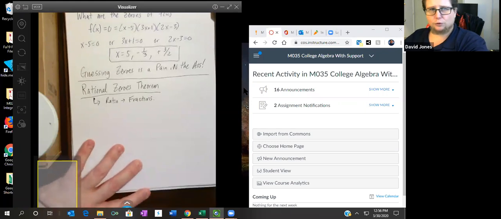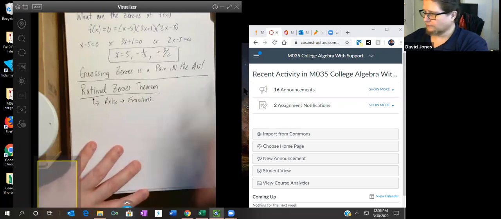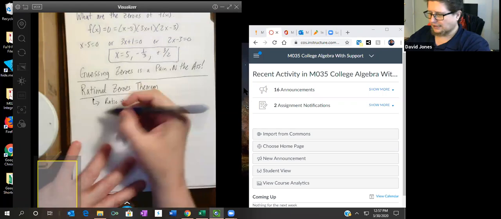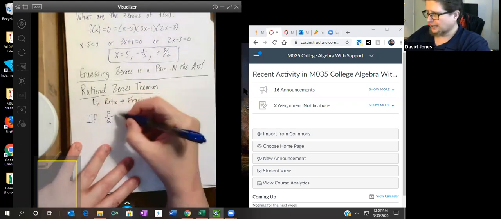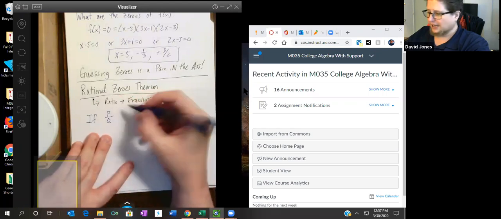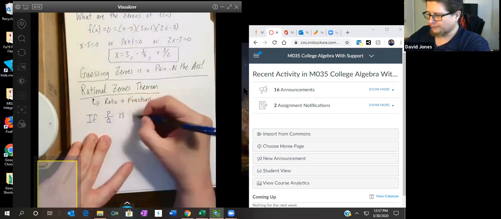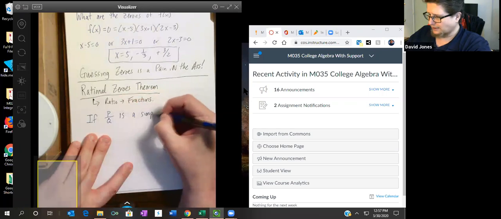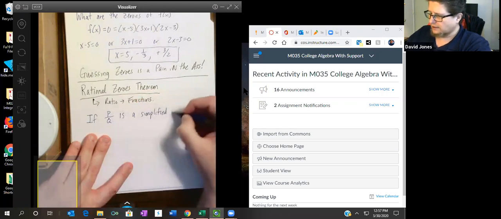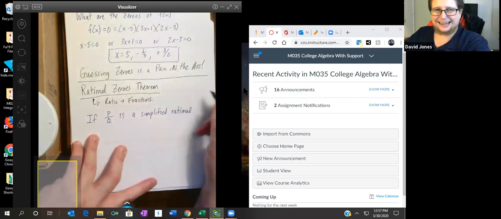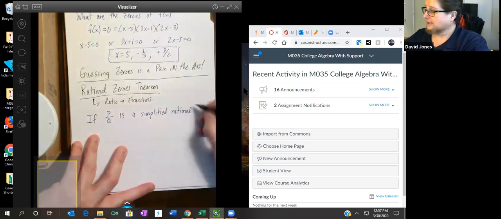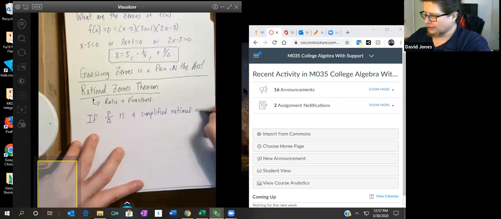And this is how the rule goes. If P over Q, and I haven't told you what P and Q are yet, is a simplified rational fraction, we want it as simplified as possible. We don't want like 9/6, we want 3/2.